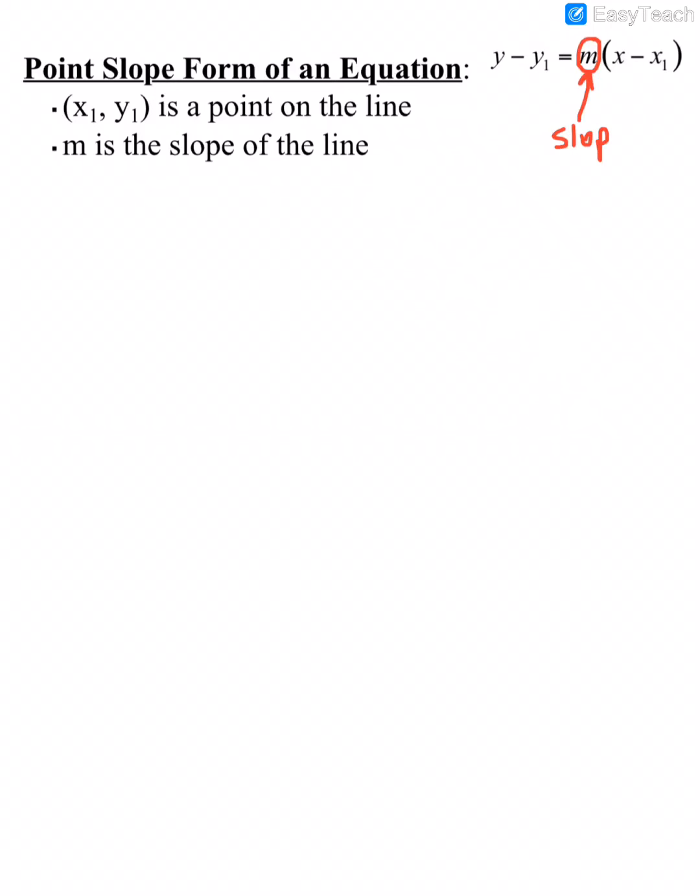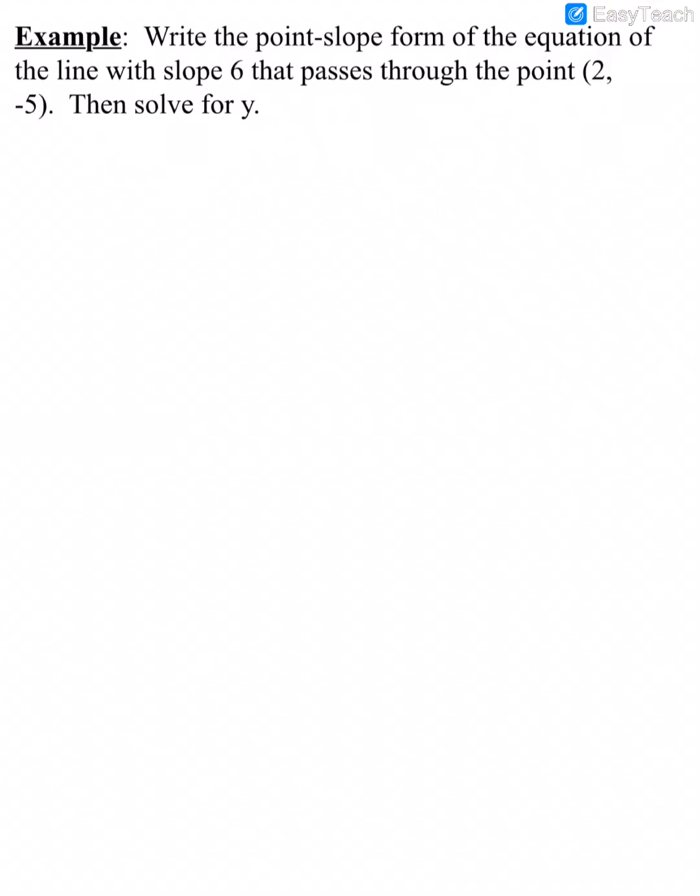And then the x and the y that have the 1's beside it, that's going to be our point. The other x and the y just stay an x and a y. But those ones that I've marked, those are places that we plug numbers into.